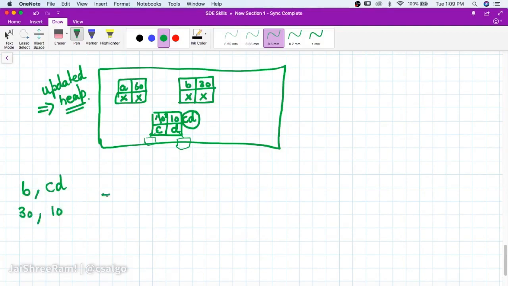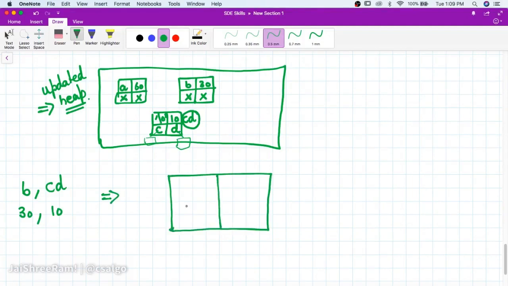So now we will again form a new node, and its character could again be a null character. We are not considering the character here. We are more interested in the frequency or the count. Its cost will be the sum of these two costs, that is 40.